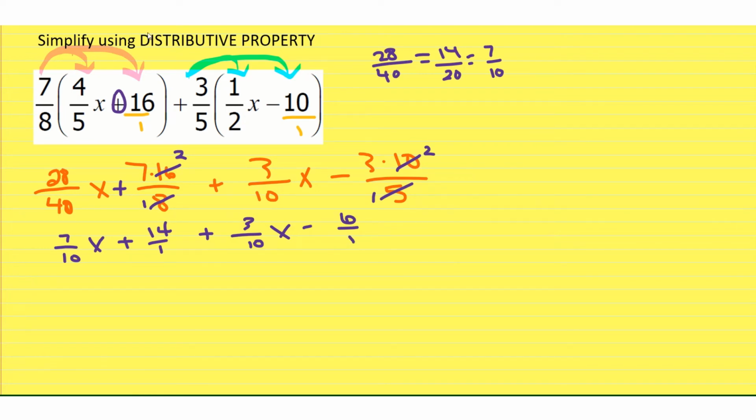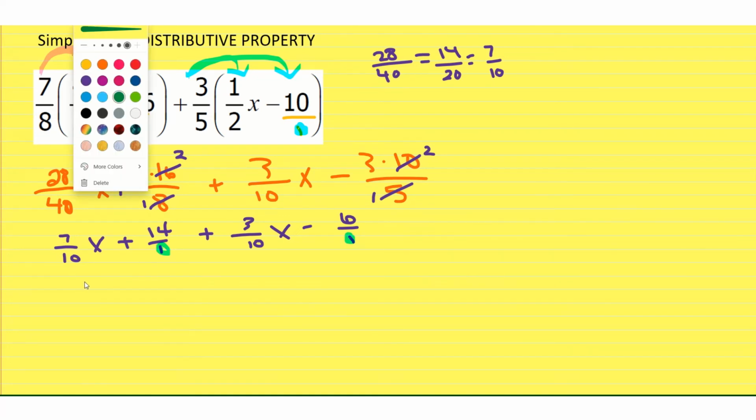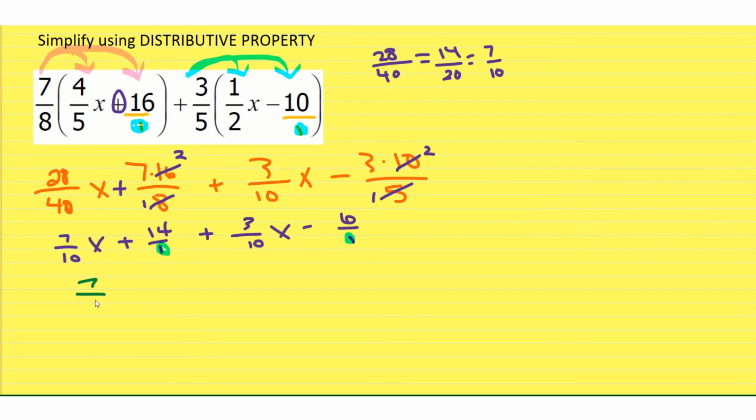Okay, so again, the same way that we had these invisible ones up here in the denominators, these ones can also be invisible now that I really don't need them anymore. So I'm going to rewrite this as 7/10 x plus just a regular 14 and plus 3/10 x minus a 6.